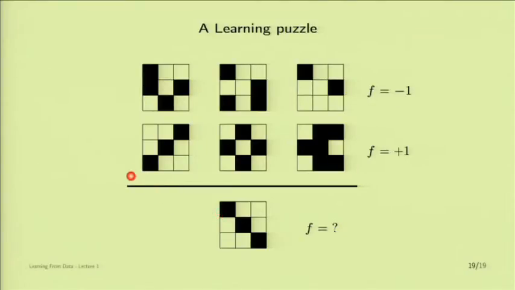If you take the function to be +1 if the pattern is symmetric, so let's see, if I said it the other way around, the top one is black, it would be -1. So this would be -1. If it's symmetric, it would be +1. So this would be +1 because this one has both this black and also is symmetric, right? And you can find infinite variety like that.